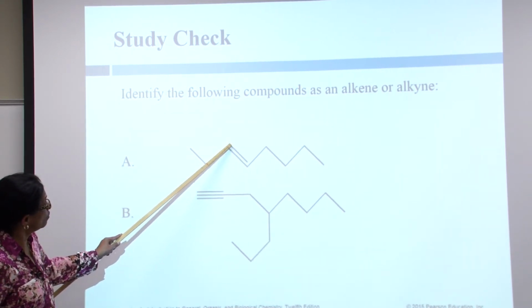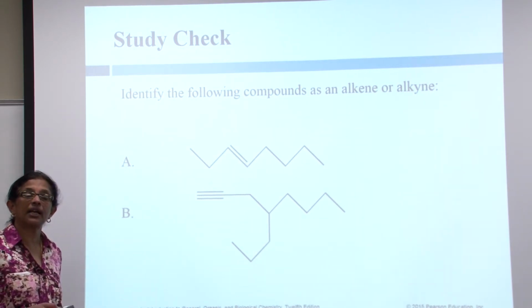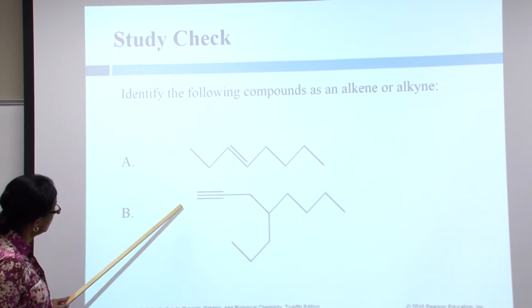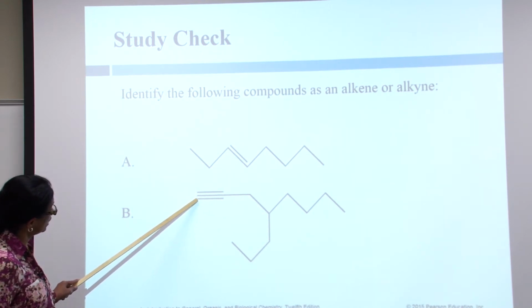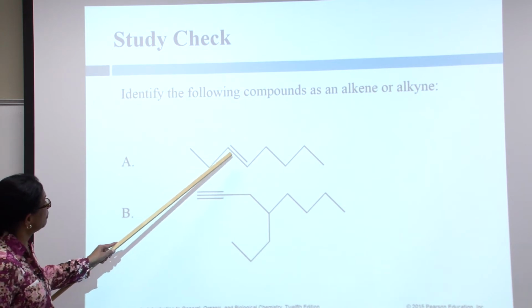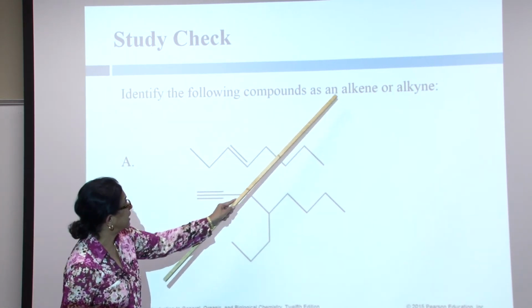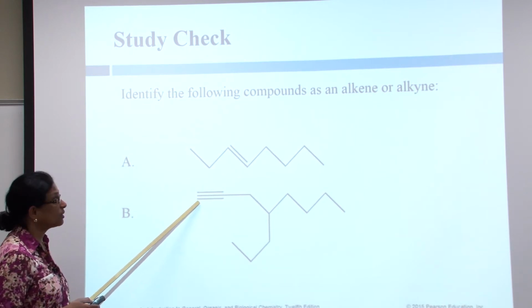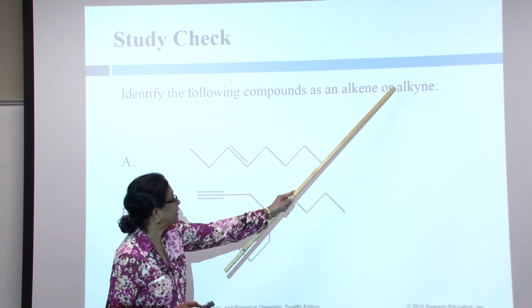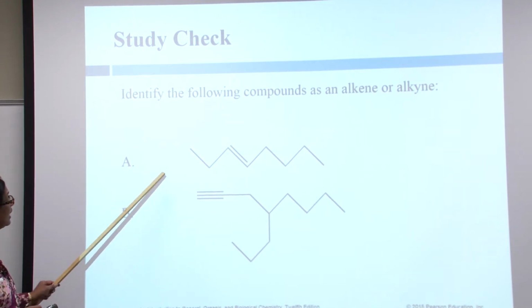There are 4 electrons being shared in 2 bonds. Triple bond, 3 pairs of electrons. So a compound with a double bond is an alkene. A compound with at least one triple bond is an alkyne.